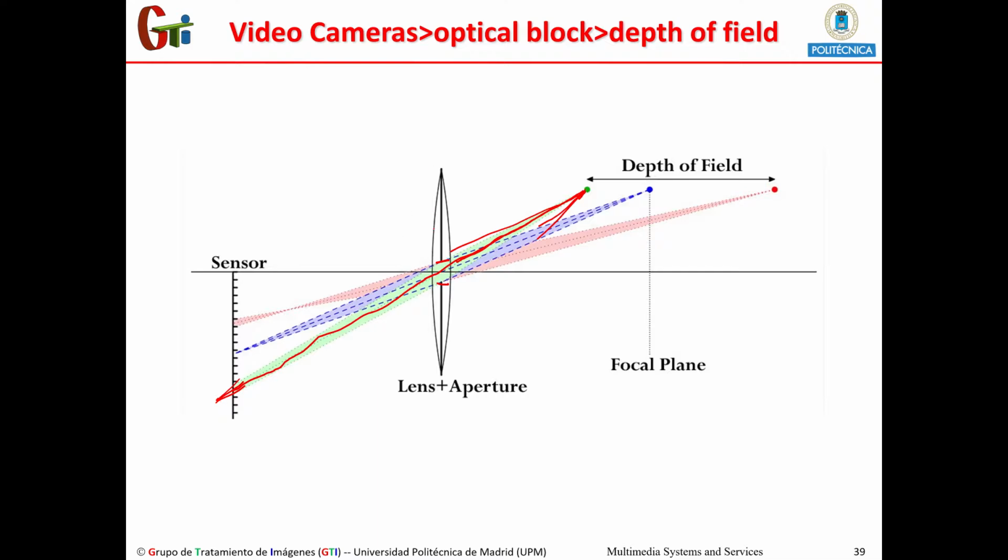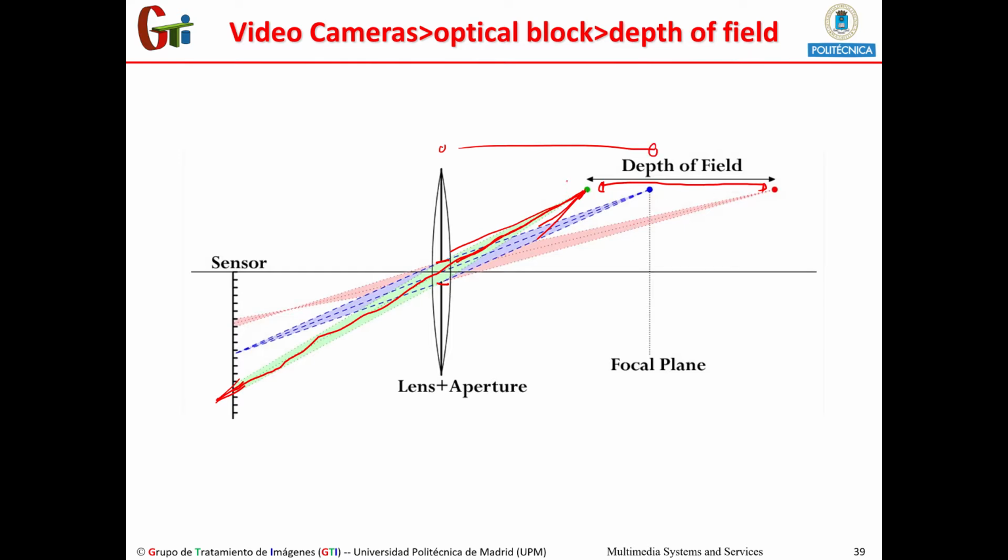But the lens only has the ability to bend correctly a certain part of the uncollimated rays in the scene, coming from a specific distance between the lens and the real world.